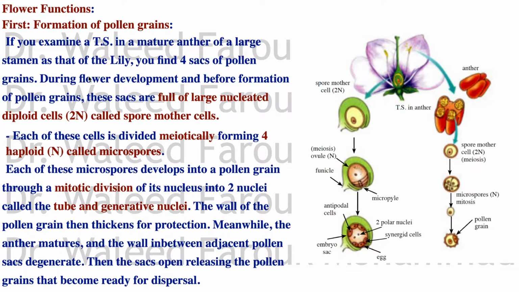Formation of the pollen grain or pollination of the pollen grain. The formation of the pollen grain means the process by which the pollen grain forms, not pollinating the ovary of the plant. After they mature, the sacs open and the pollen grains are released and become ready for dispersal.